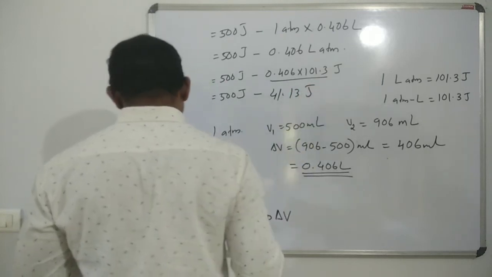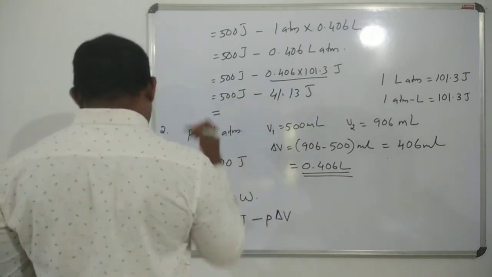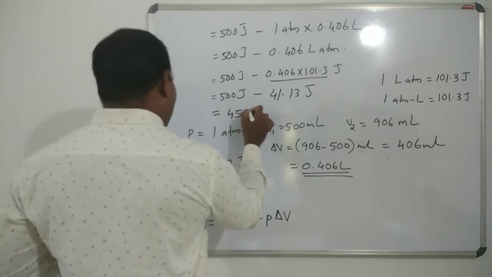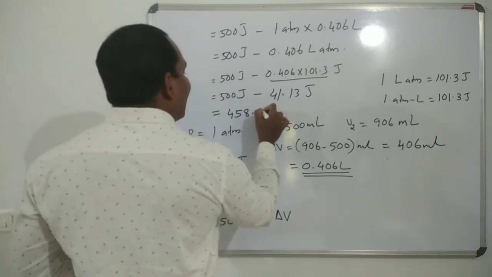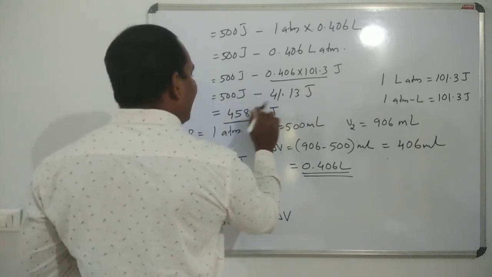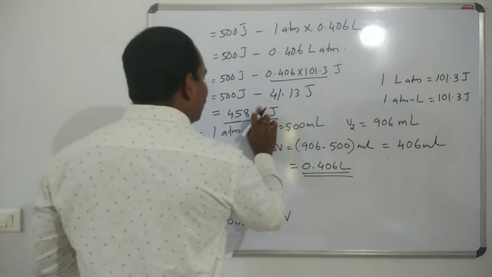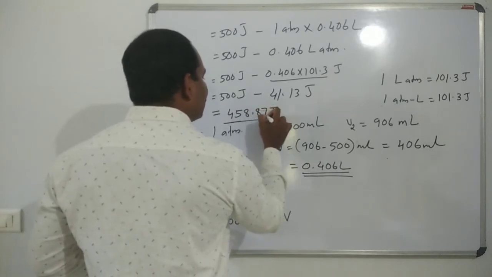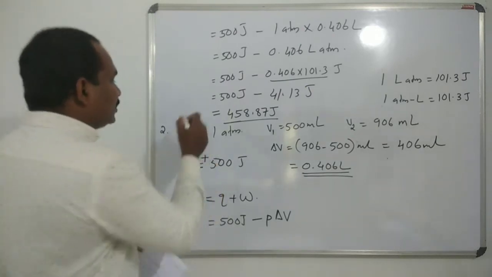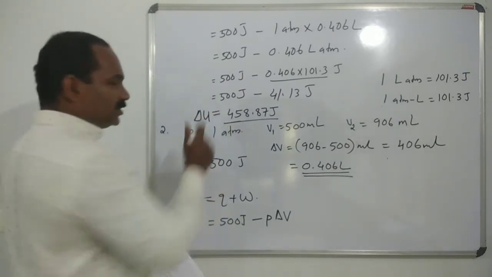And the final answer is equal to 458.87 joule, rounding off. So this is the internal energy change for this process.